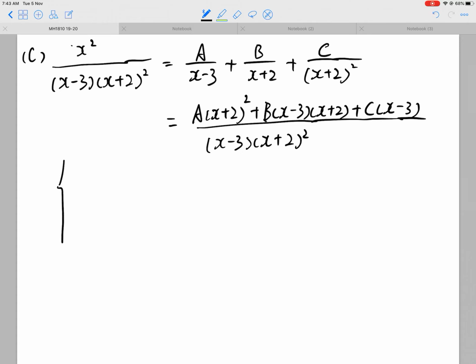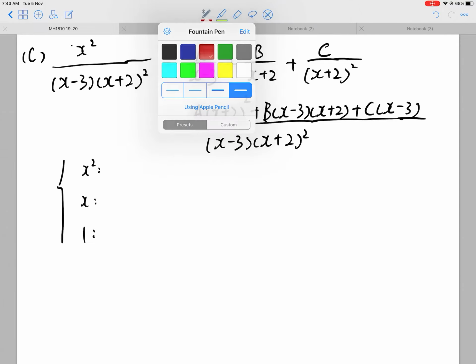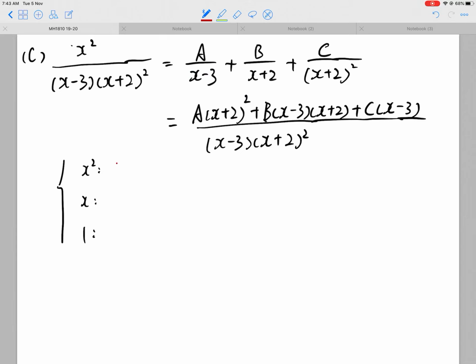We should get 3 equations: about x squared, about x, and about the constant. About x squared, the left is 1, and the right should be a plus b, because here you don't have any x squared term for c. Then what about x? The left has no x.